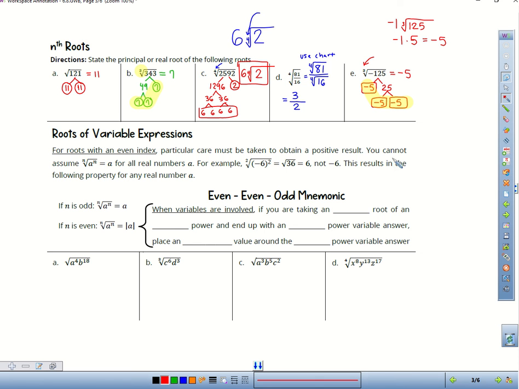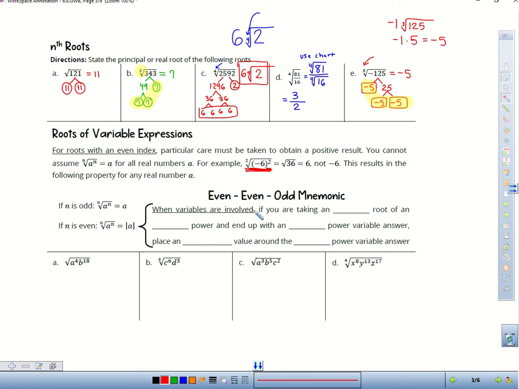So the reason that this is required is, say you take an even root of this right here. Well, first, you're typically going to simplify what's on the inside, right? What's -6 to the 2nd power? 36. Mm-hmm.